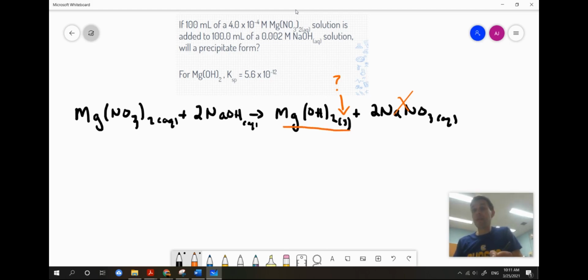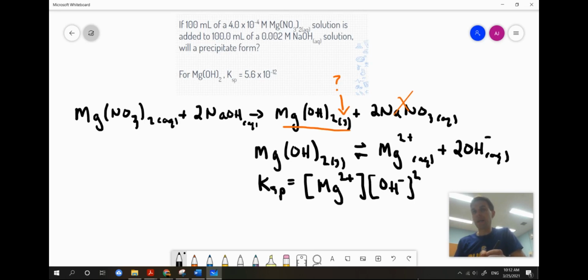So let's write out the equilibrium equation for magnesium hydroxide. Magnesium hydroxide can form an equilibrium system, and the KSP value is equal to the ion product, magnesium ions multiplied by the hydroxide ions squared. Our test here is to look at this ion product and compare it to our known KSP value and see whether it is smaller, larger, or the same.